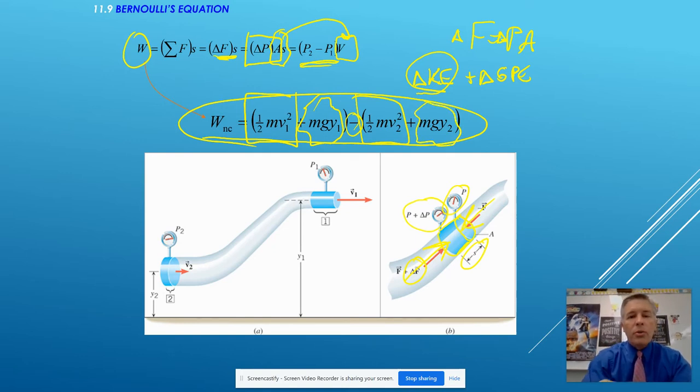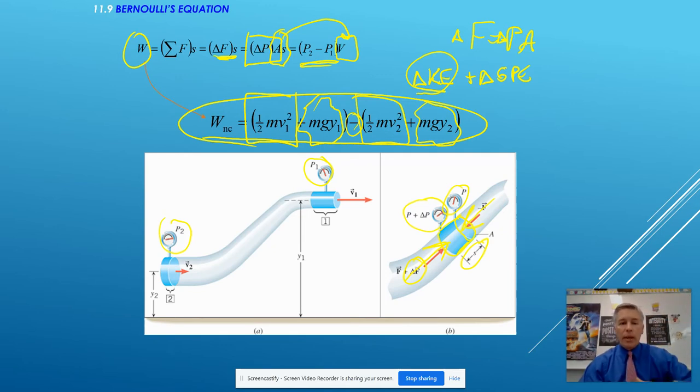Now, why are you using 1 minus 2? The reason is that if I have a fluid flowing through something, you're always going to be going from high pressure to low pressure. So we want our P2 minus P1, with P2 larger than P1. What we typically do is treat P2 as the highest pressure point and P1 as the lowest.